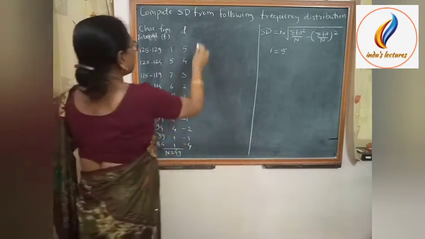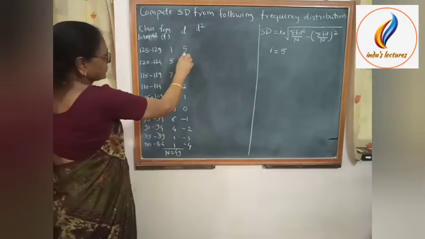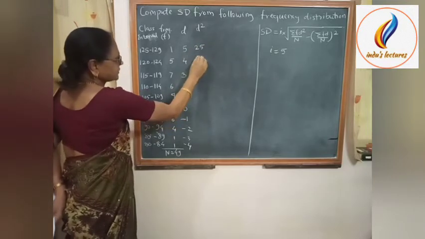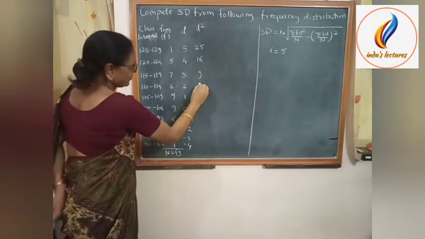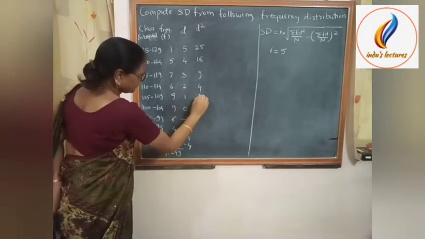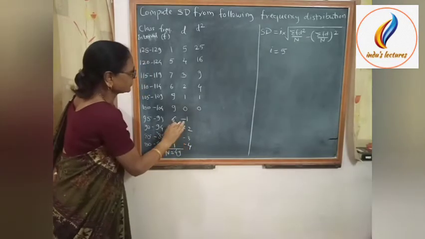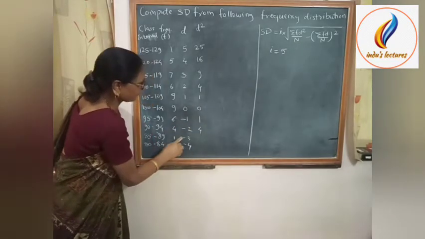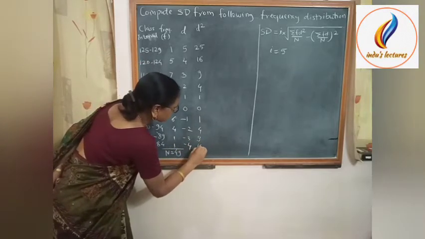Now calculate d square. That means 5 square is 25, then next is 16, square of 3 is 9, square of 2 is 4, square of 1 is 1, 0, square of -1 is 1, square of -2 is equal to 4, square of -3 is equal to 9, and square of -4 is equal to 16.